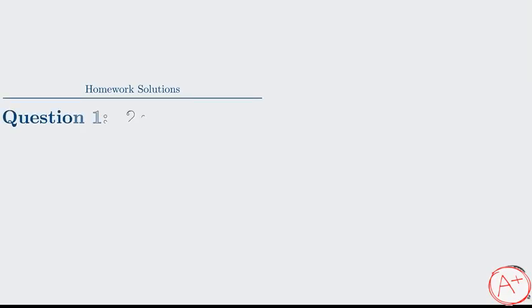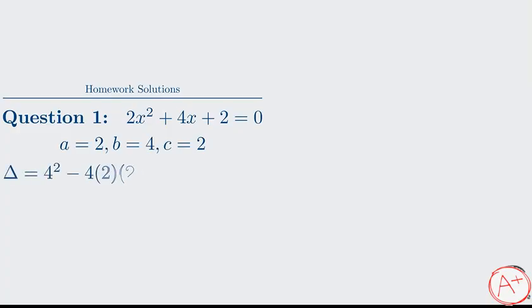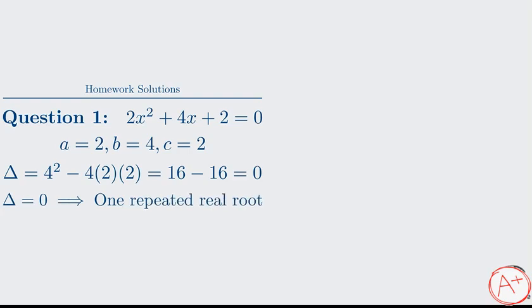Let us review the solutions. For question 1, we identify the coefficients as a = 2, b = 4, and c = 2. Then delta = 4² − 4 × 2 × 2, which is 16 − 16, equaling 0. Because the discriminant is exactly 0, the equation has one repeated real root.